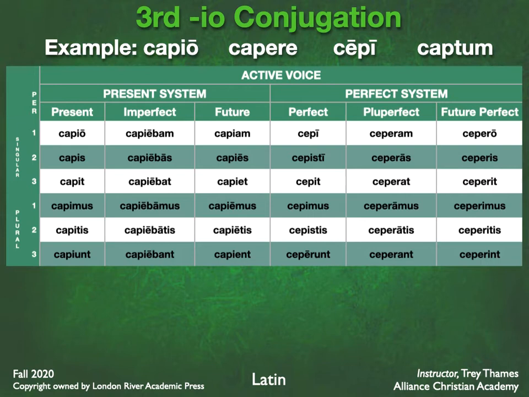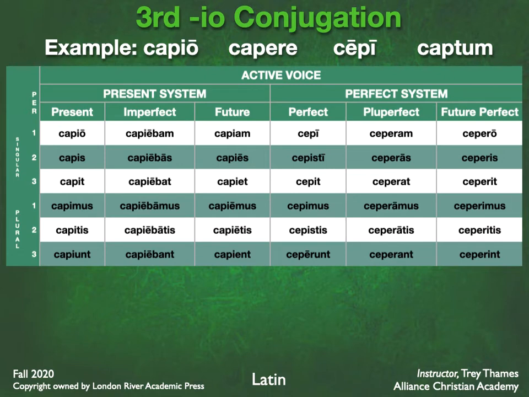Capere is your second principal part. Drop the infinitive RE ending, and that leaves you with cape with a short E. But remember how with ago, that E shifted to an I? Well, you see it here. Capio, then capis, capit, capimus, capitis, but capiunt.